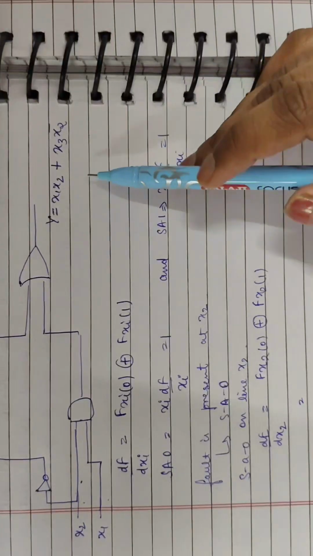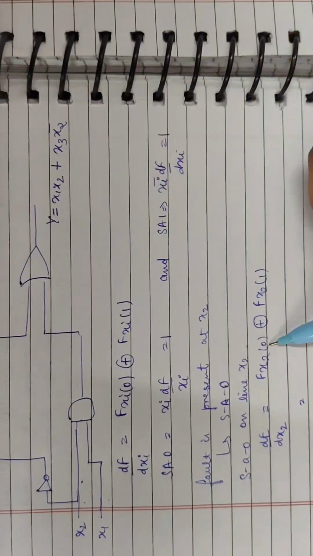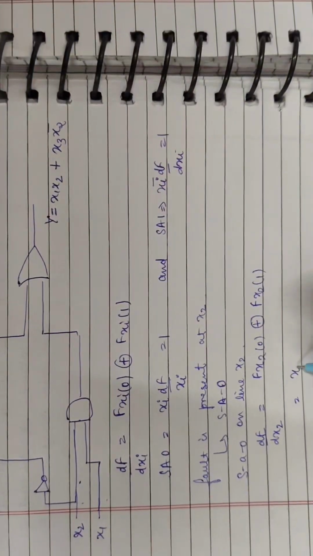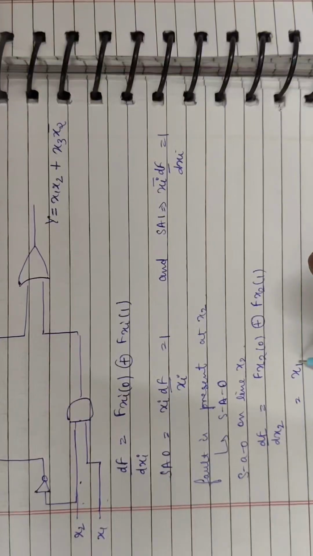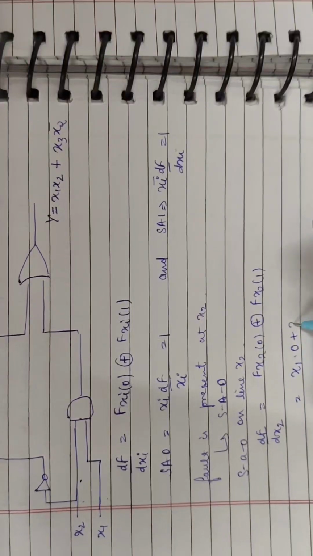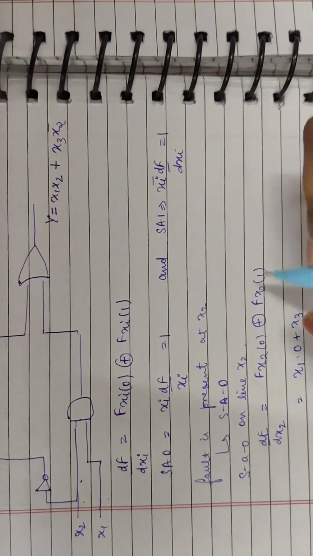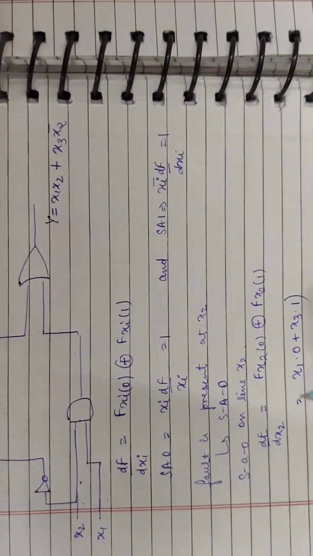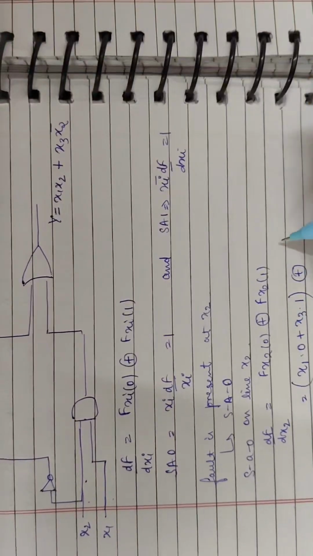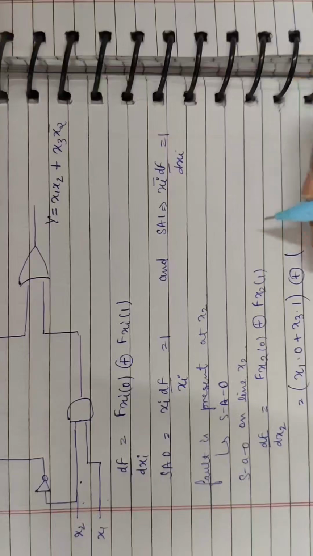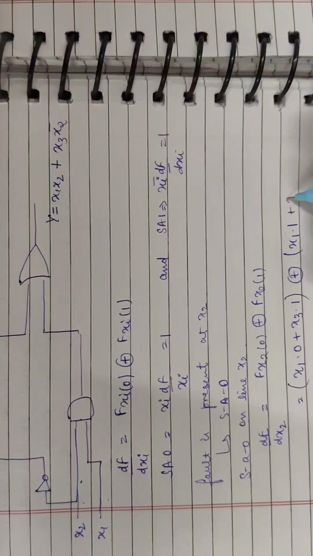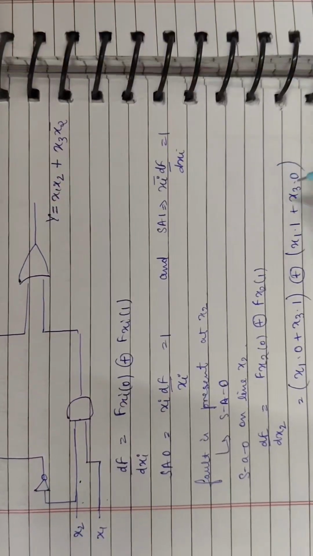In the output equation, we will first put x2 equal to 0, and so we will get x1 into 0 plus x3 into 1, XOR, then we will put x2 equal to 1, x1 into 1 plus x3 into 0.